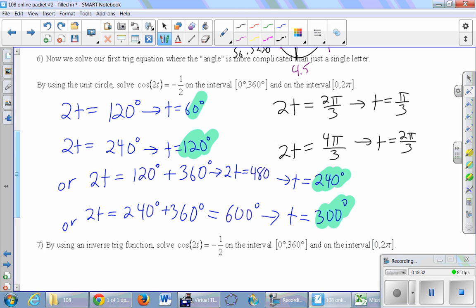And so the procedure is written a couple of pages down in the notes packet, and we'll look at it together in a few minutes, but I'll just say it now. You want to add that 360 as soon as you find your two fundamental solutions. So as soon as we got the 120 and the 240, at that moment, we have to add the 360 times k.